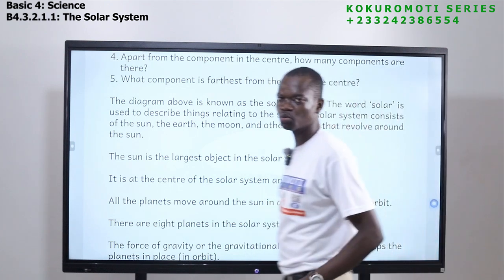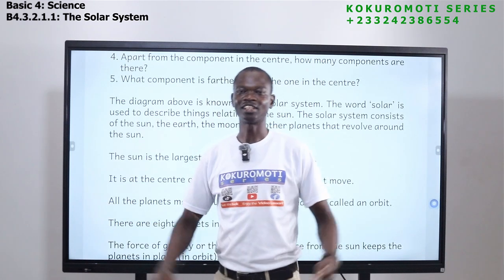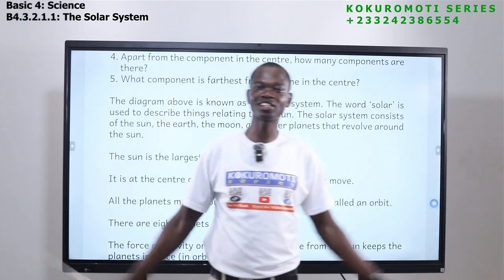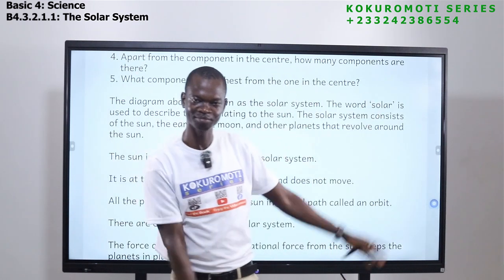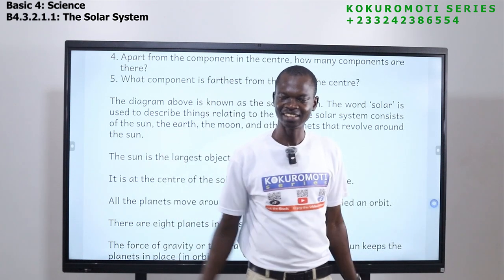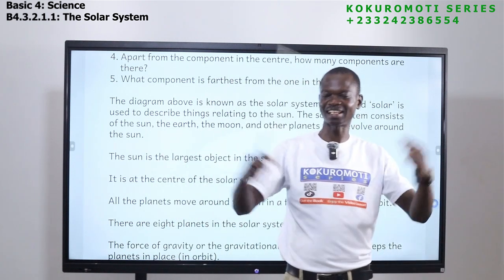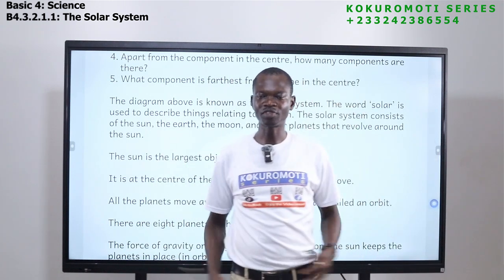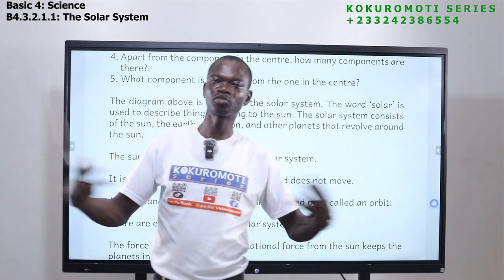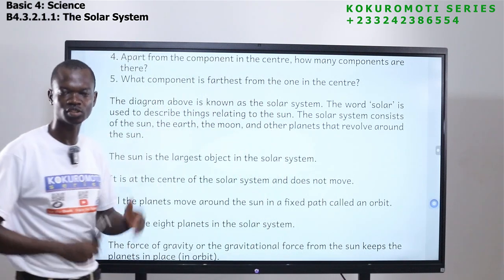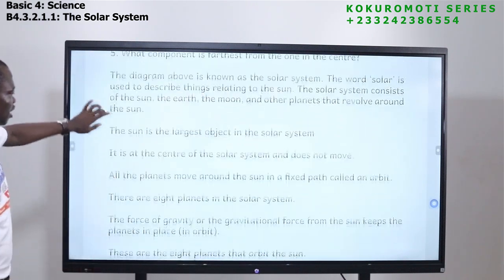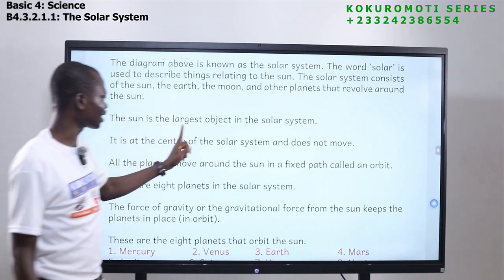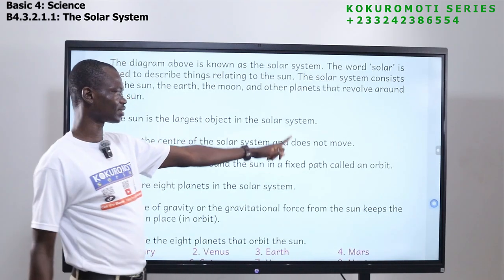So if I ask you what the solar system is, it refers to the sun, the earth, the moon, and other planets. These planets move around the sun, so they come together to form what we call the solar system. Now, the sun is the largest object in the solar system.